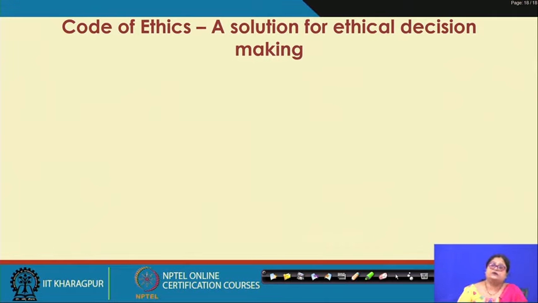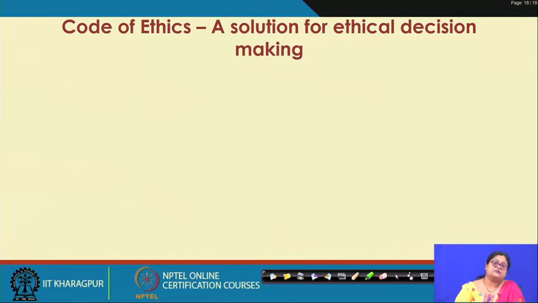Sometimes codes of ethics are a solution for ethical decision making. What we have discussed in the three ways is, first, if two things are conflicting in nature, and safety and security is on one side while the other is loyalty towards the employer, safety and security is the primary choice.